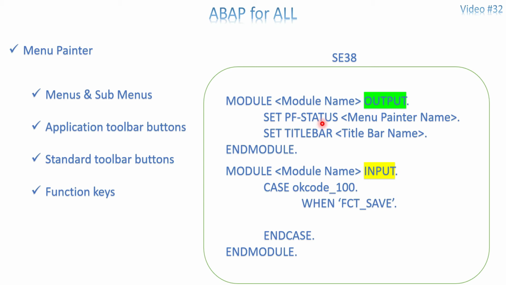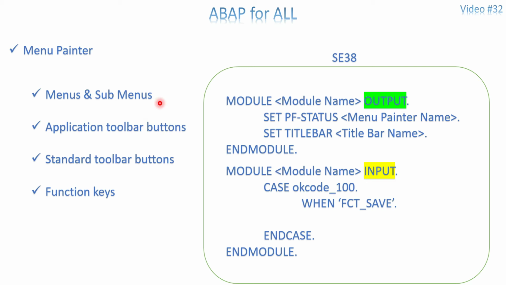If you feel you need different menus for different screens, you have to create three different menus and include them using the statement SET PF-STATUS in the corresponding screen PBO module. Clear?